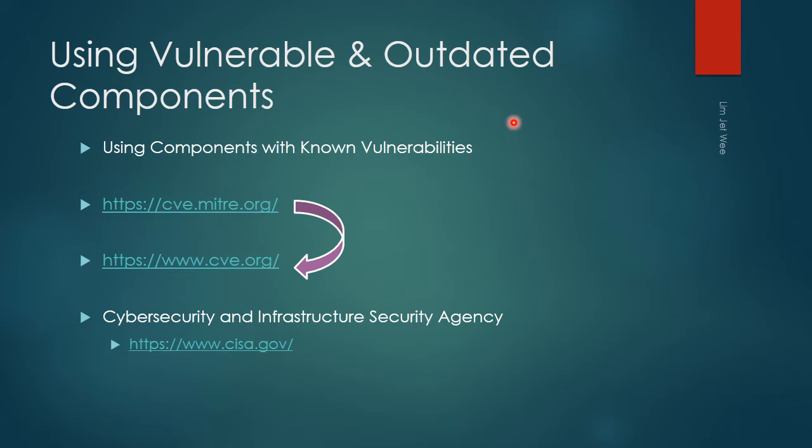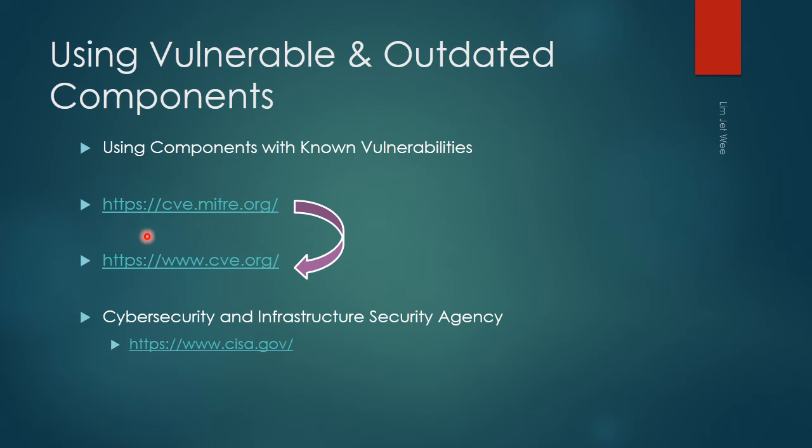So we need to address this first, or at least there must be a way to address this. One way is to first find out what the so-called vulnerable or outdated components are, and there are areas that can help you. For instance, CVE.